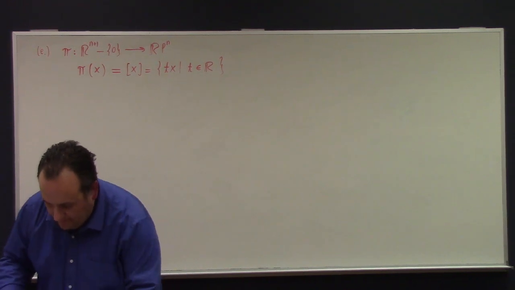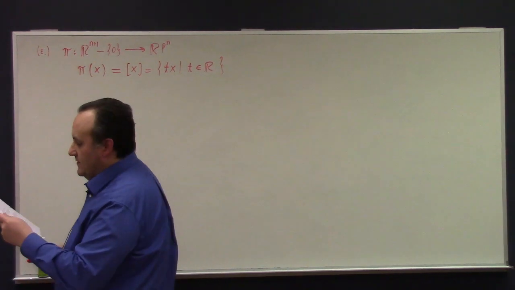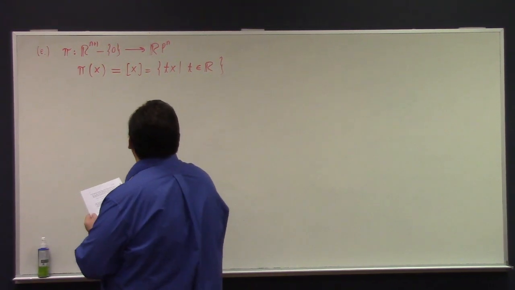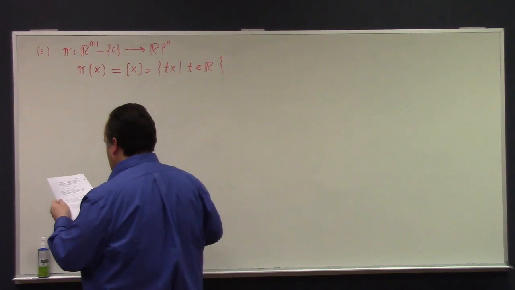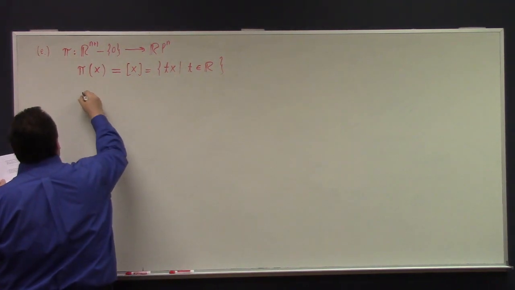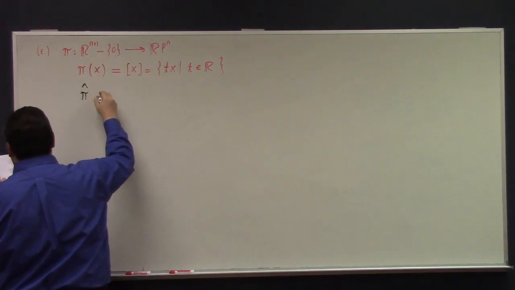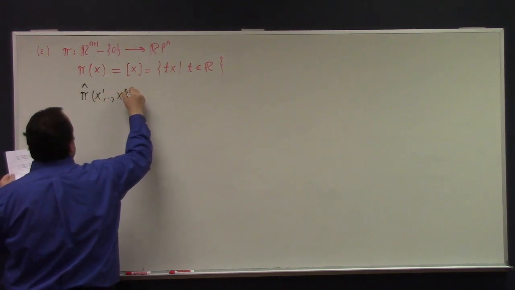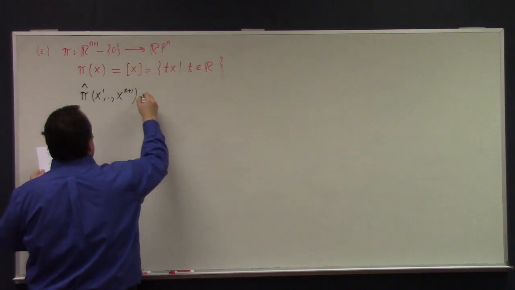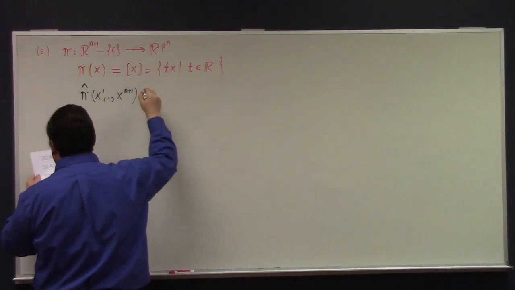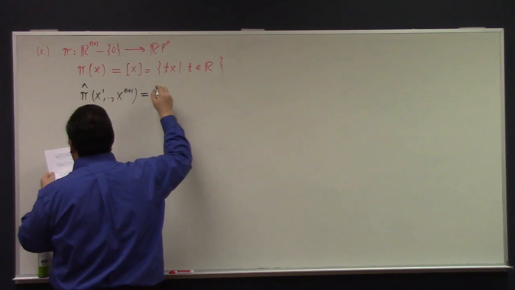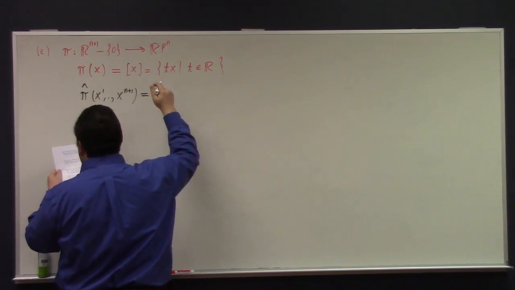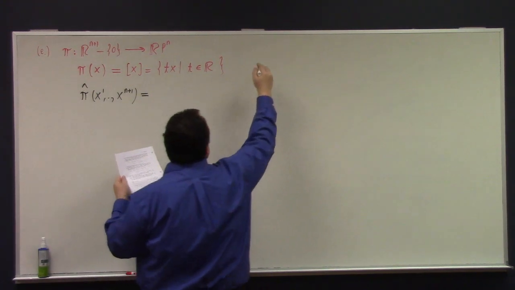And he says that the local coordinate representative for this, pi hat of x1 through x_(n+1), is equal to, now that's a little, oh, I'm dumb. That's fine. Let me draw a picture here.